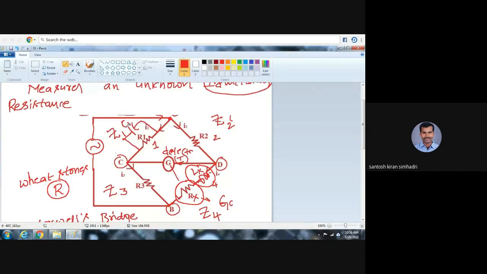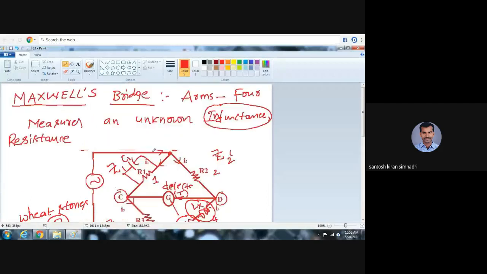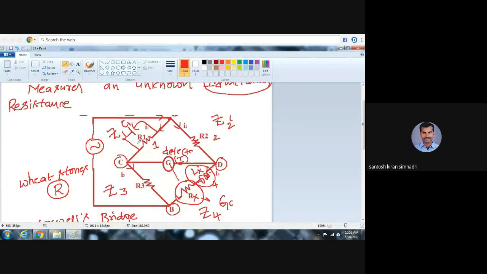In this Maxwell's bridge, there are four arms. Arm 1 is treated as impedance Z1. This resistance is connected in parallel with the capacitance.